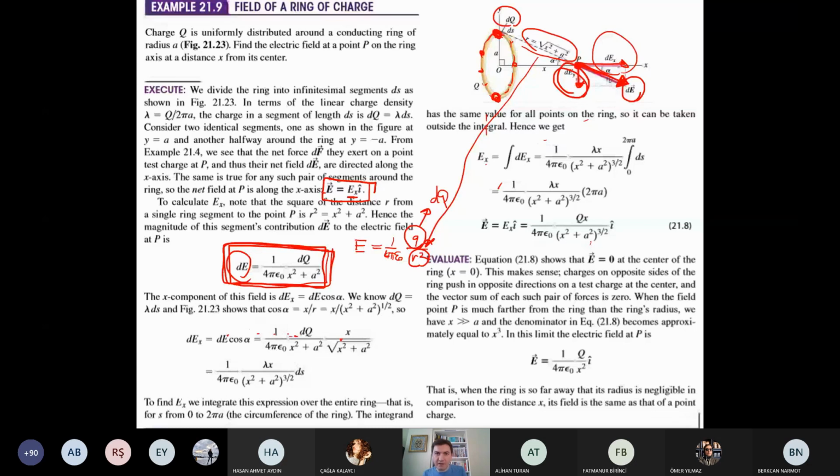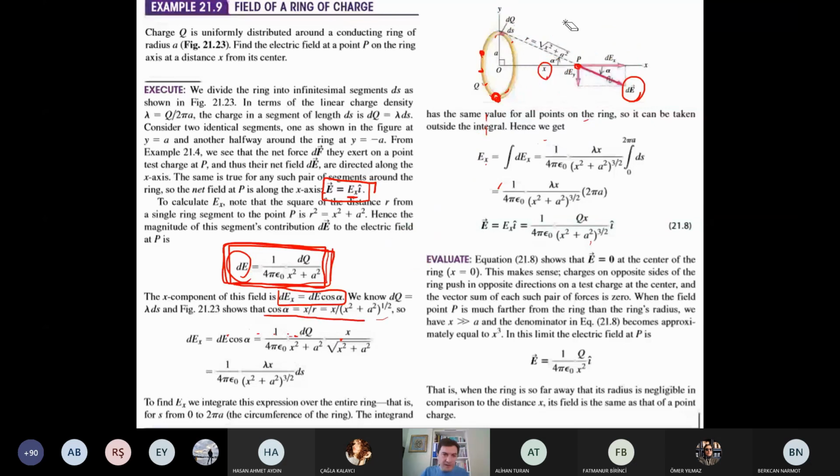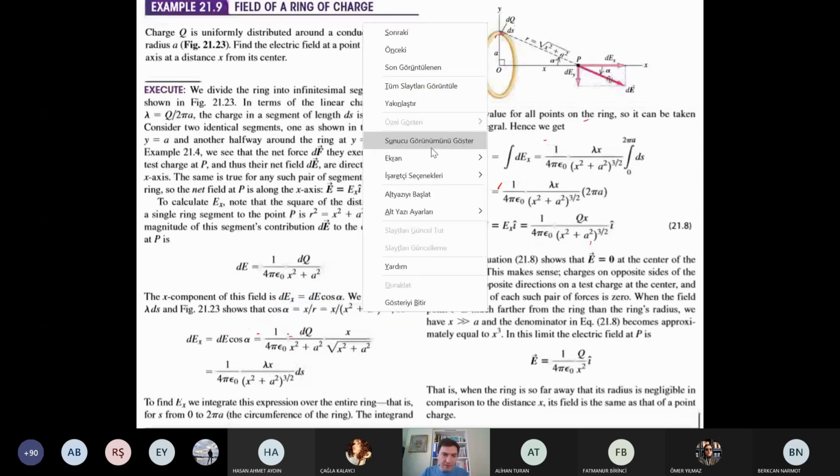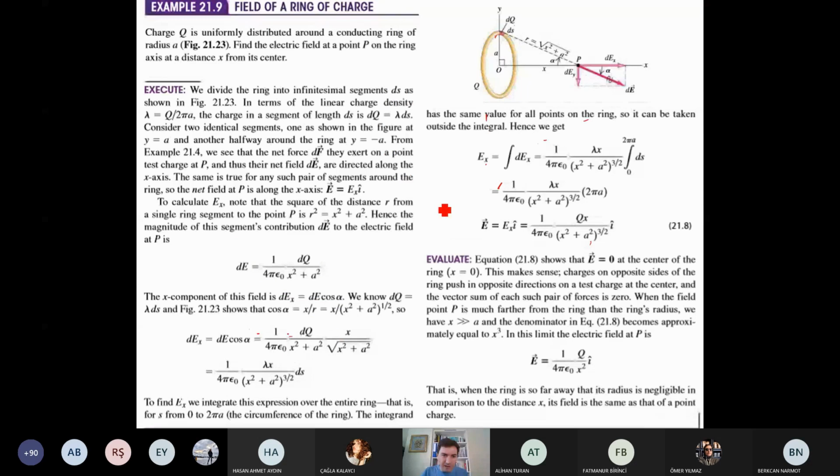Alpha is this angle. I know this x, I know this a, so I can calculate cosine alpha. Cosine alpha is x over r. Instead of r, I can write this expression, which is given here. Then here I have dEx, and here I have dE times cosine alpha. dE is given here, just put this one here, and cosine alpha is given here, put this one also here. Finally, I will have this expression.